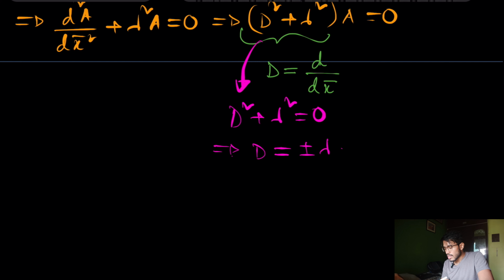Is it plus minus λ or plus minus iλ? Lambda into i, where i is the imaginary number, i equal to root over minus 1.